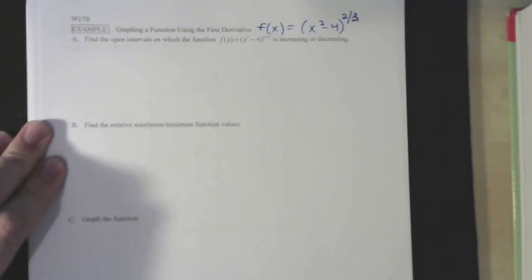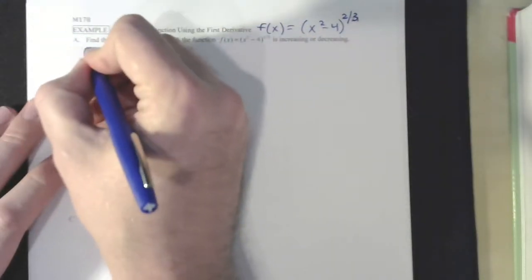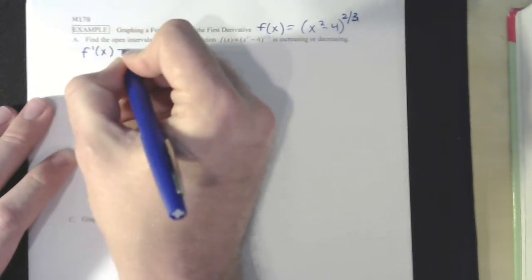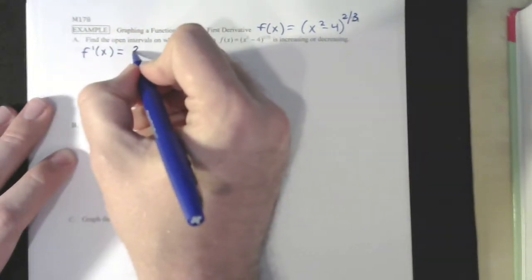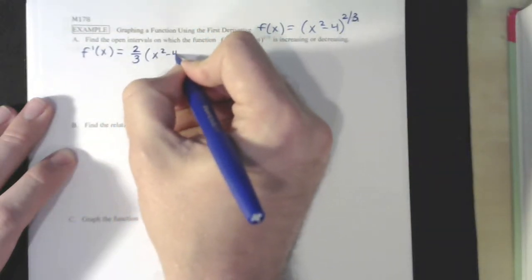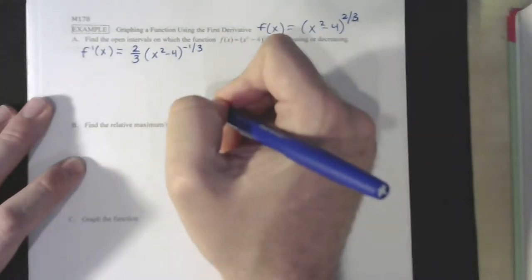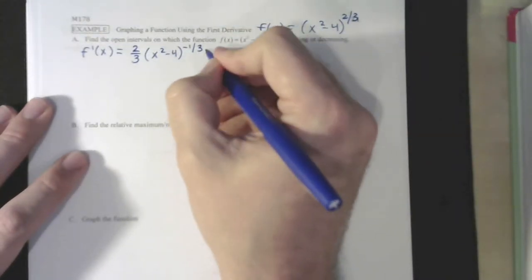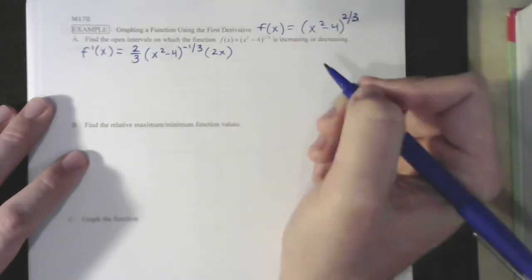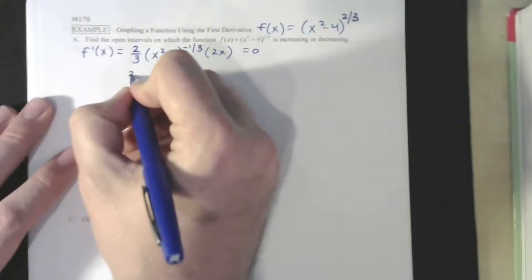So first things first, we need to take the derivative. So f prime of x, using a chain rule, it's going to be 2/3 times x squared minus 4 to the negative 1/3, and then times 2x. So we need to set this equal to 0. So I'm going to write this as a fraction.